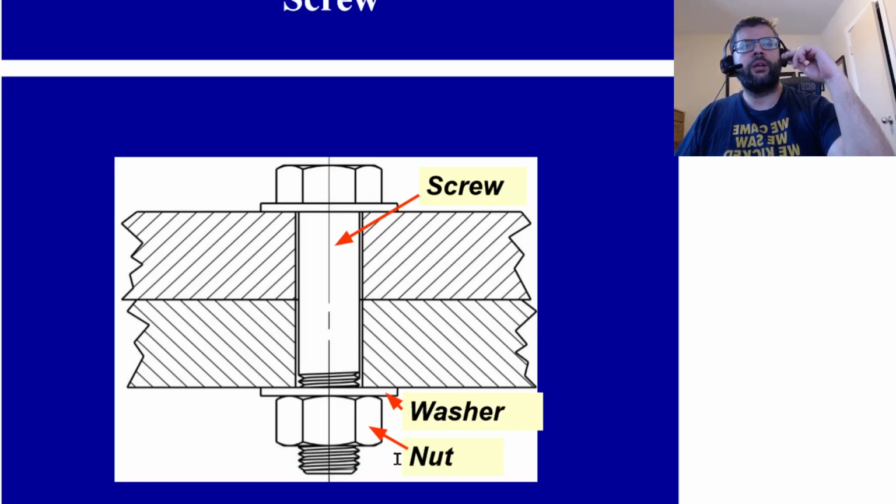If something is designed to be used as a bolt versus a screw, then it's usually going to have a smaller threaded section, but it's not always the case.